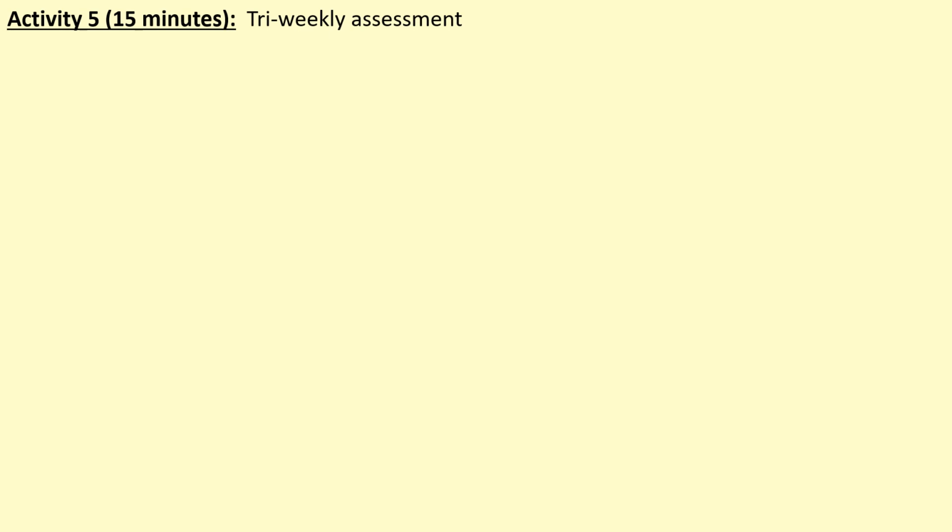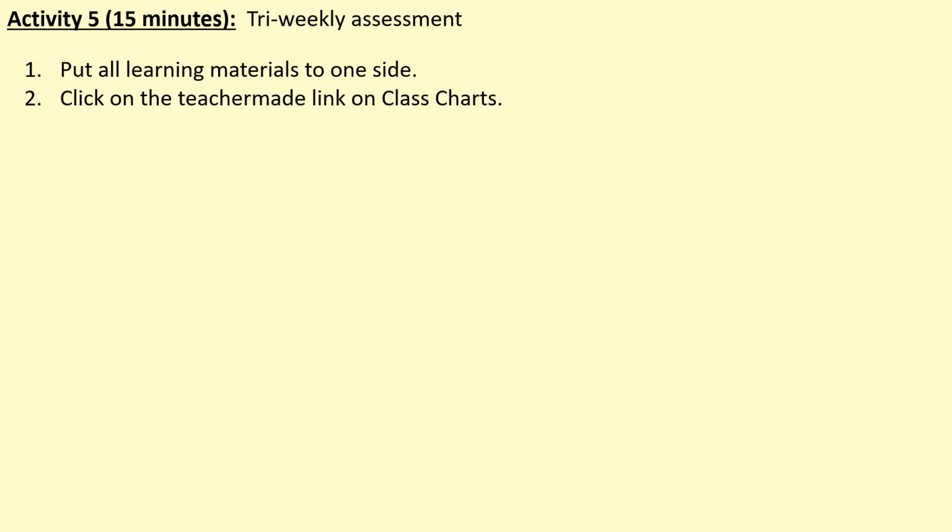So we're on to the tri-weekly assessment now. Listen to the instructions very carefully, Year 7, because this is the first time you've done it remotely. So I'd like you to put all your learning materials to one side. In a moment, you'll need to go back onto class charts and click, and there should be a teacher-made link on there for you to click. You're going to spend about 15 minutes completing as many boxes as you can.